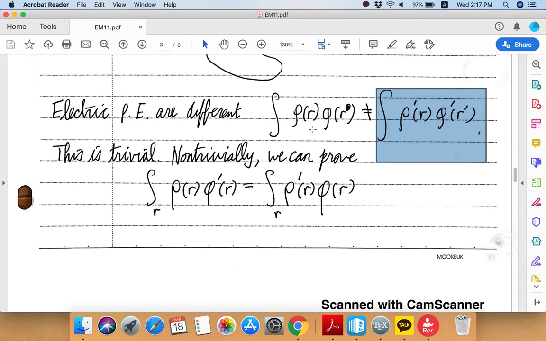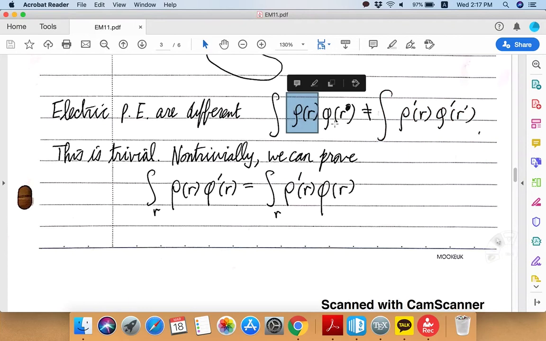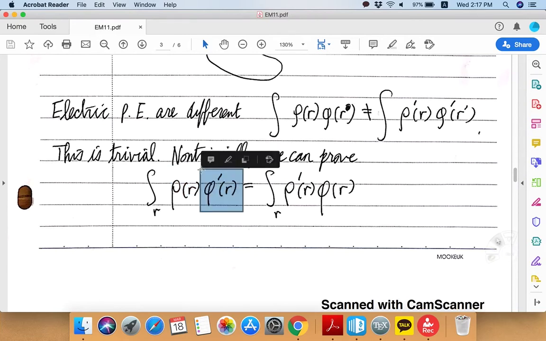Now, instead of taking the product of the charge density with the corresponding potential, we can take the cross product of the old charge density with the new potential and integrate over all space, and compare that value to the product of the new charge distribution multiplied by the old potential integrated over all space.